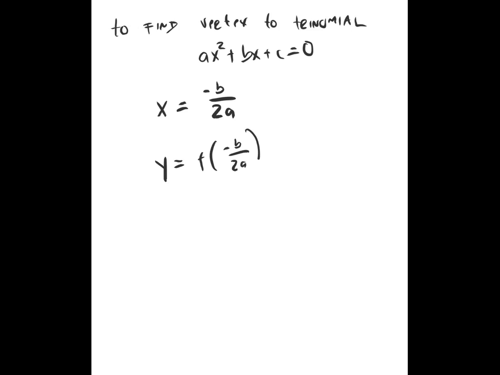To find a vertex to this trinomial, we say that the X value equals -b over 2a, and the Y value equals f of -b over 2a.